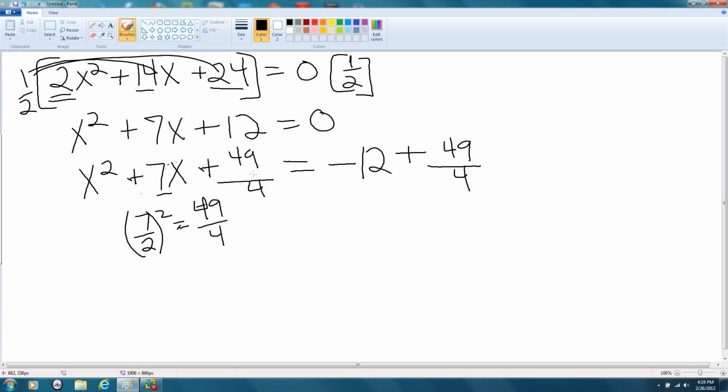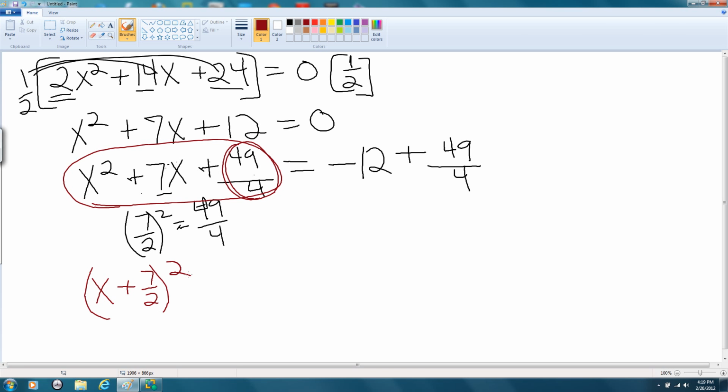And so what this means is that this must be x plus 7/2, the square root of this, squared. And if you were to multiply that out, that would give you back this.